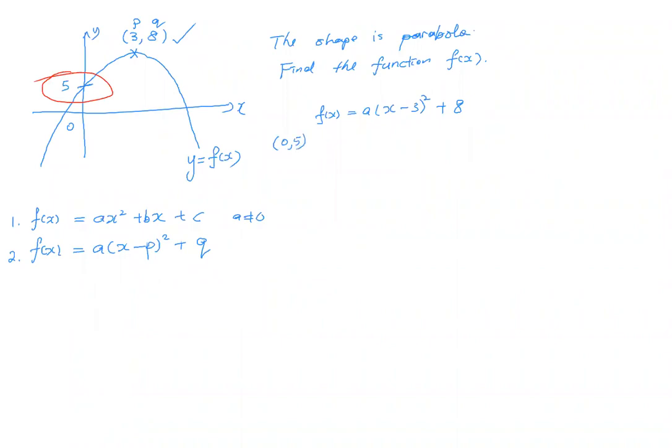My f(x) is the y, okay? So 5 equals a(0 minus 3) squared plus 8. So negative 3 is equal to 9a. So a will be equal to negative 1 over 3. So therefore, the function f(x) will be equal to negative 1/3 (x minus 3) squared plus 8. Yes, thank you.